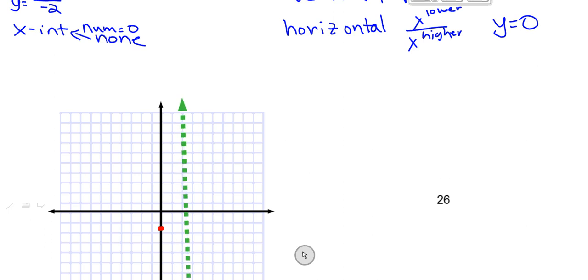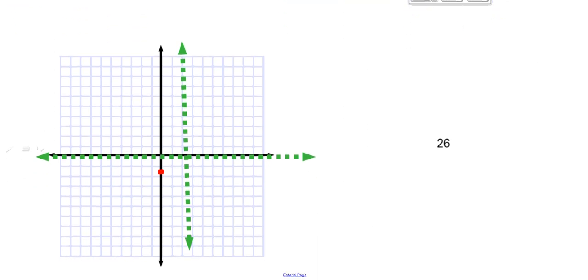And I have a horizontal asymptote at y equals 0. And so then that divides my axis into really just 2 intervals. So the first interval goes from -∞ all the way to this value of x equals 2, where it's undefined. And then my second interval goes from 2 to +∞.